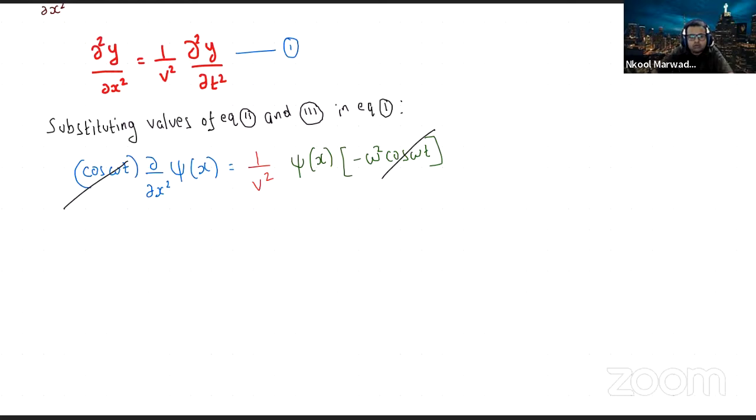So, plus omega square by v square psi x. Okay. Just if I bring it to the left hand side, this will become plus.